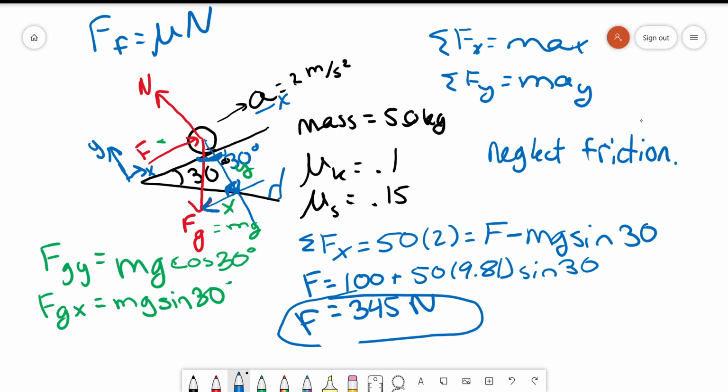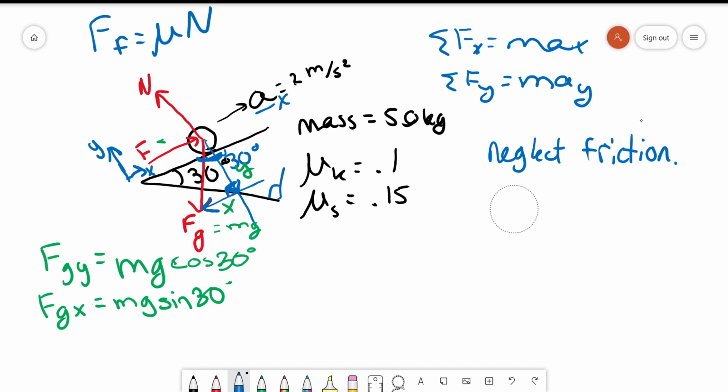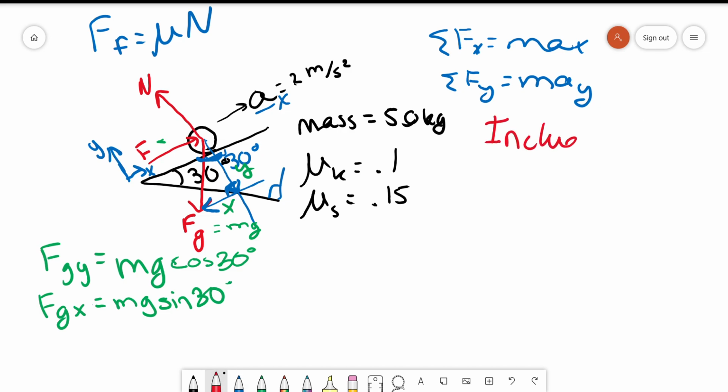But now I'm going to erase all of this. Most of the stuff is going to stay the same, so I'm going to erase this, and now we're going to include friction. Okay, and we have two coefficients of friction here, right? We have the coefficient of kinetic friction and the coefficient of static friction.